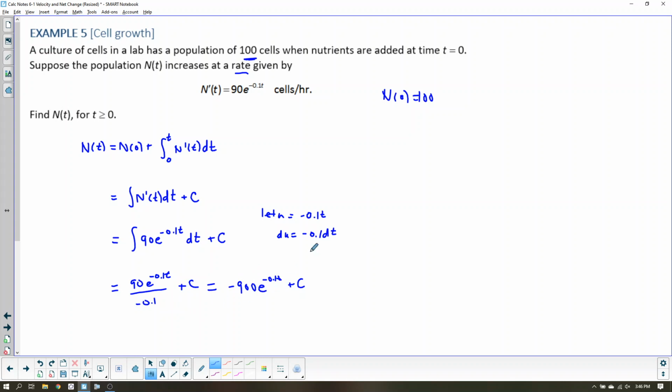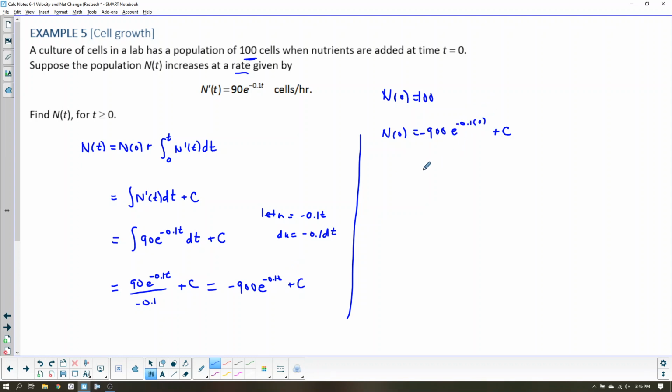Okay, so if we do that, I guess I'll do it up here. So N of 0, we plug 0 into that, is negative 900 e to the negative 0.1 times 0 plus c. Just plugging 0 into this.